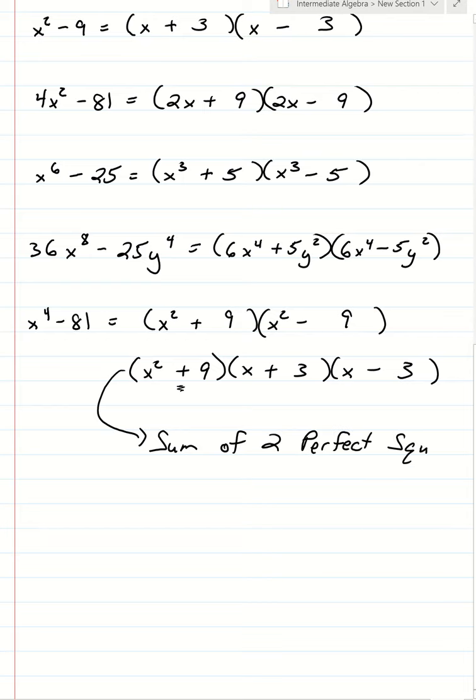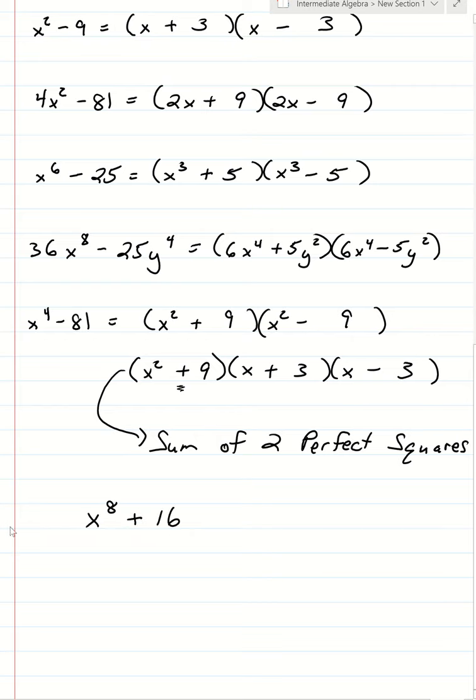And if you have the sum of two perfect squares, that's not factorable. X squared plus 9, there is absolutely nothing that you can factor this down to give you an x squared plus 9.